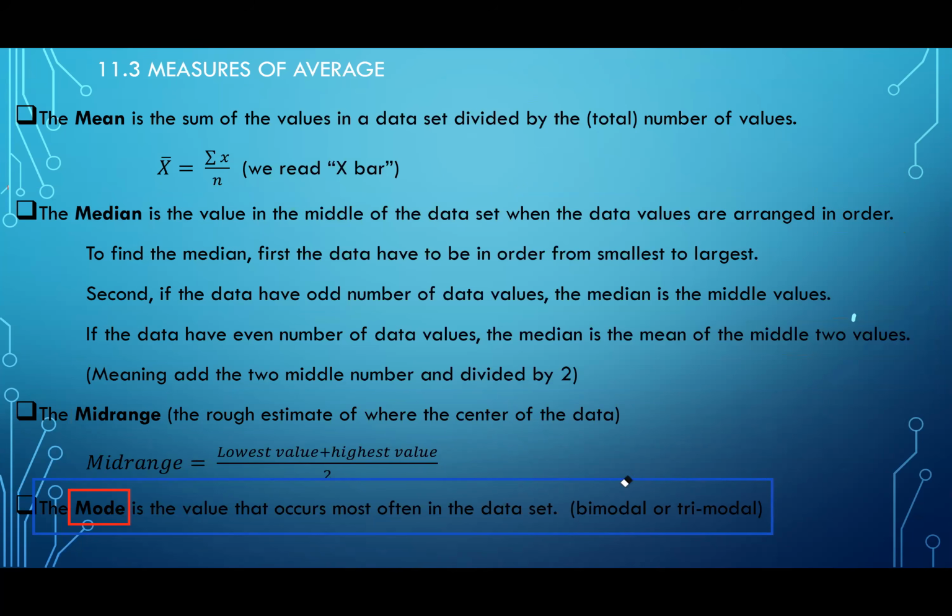Sometimes you have a bimodal or trimodal if you have 2 modes or 3 modes. Or if your data all appear the same number of times, you say that there is no mode, right? No data appears the most. So that covers the definitions of these 4 items: the mean, the median, the mode, and the mid-range.